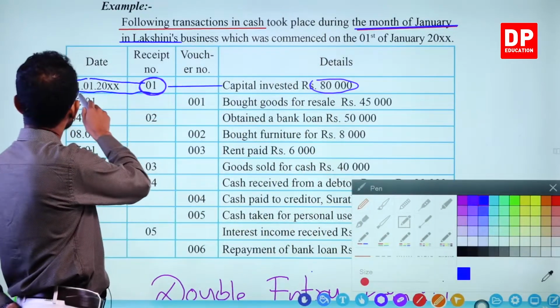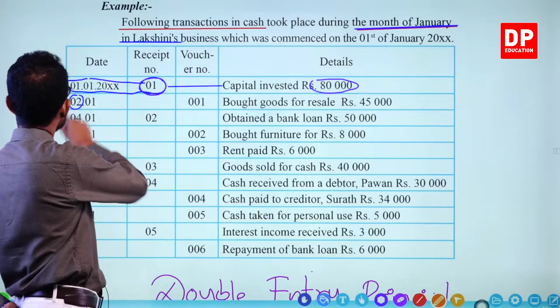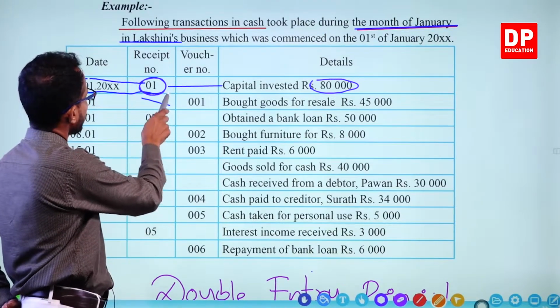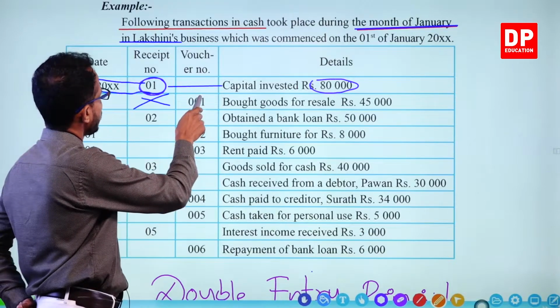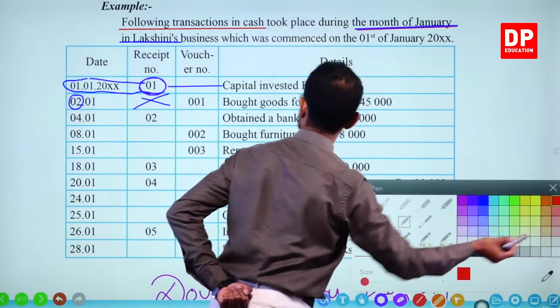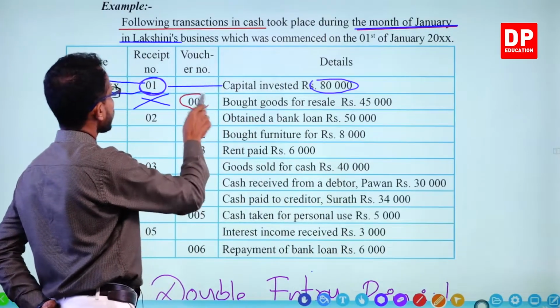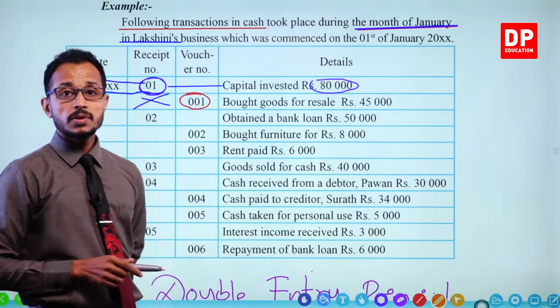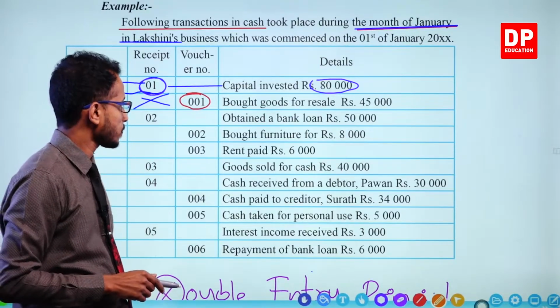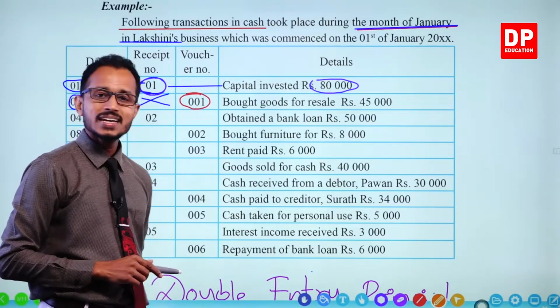Second, it's not a receipt, it's a payment. So now we have a payment, because vouchers are issued for payments. Bought goods for resale.